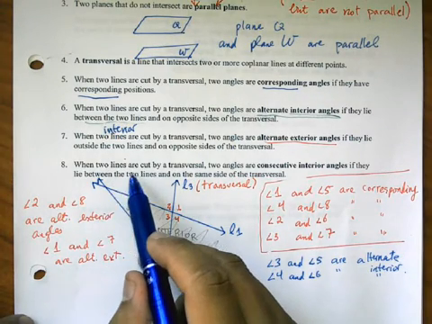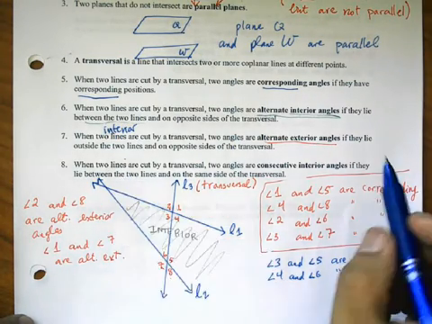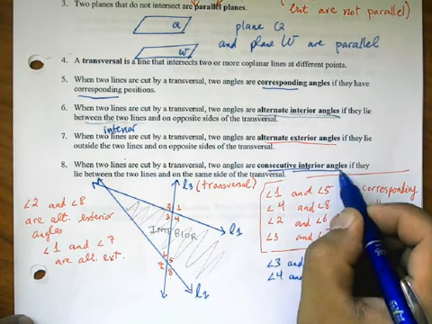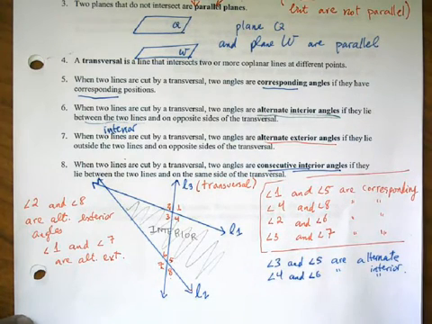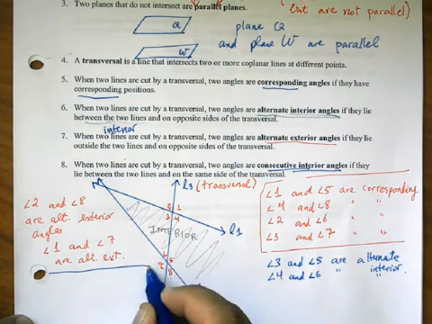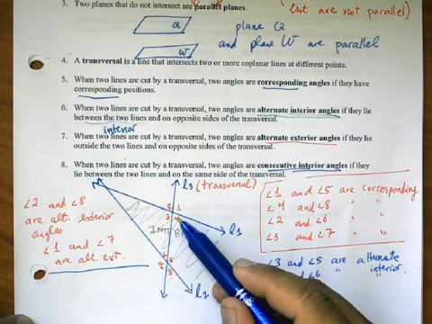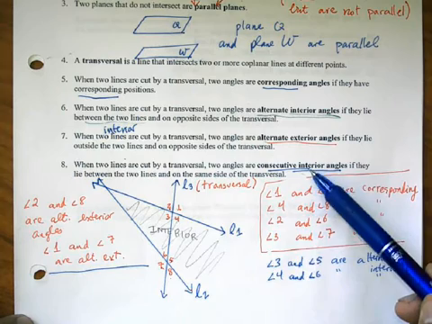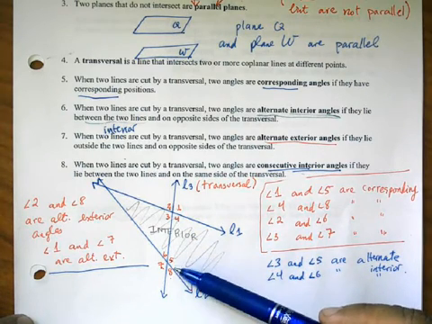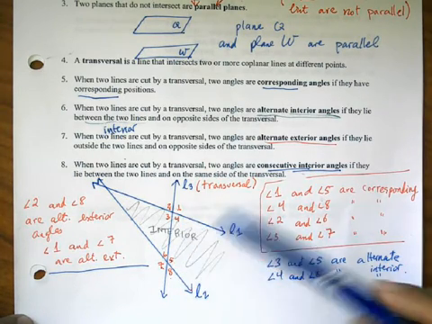And lastly, two lines are cut by a transversal. Two angles are consecutive interior angles if they lie between the two lines and on the same side of the transversal. So between the two lines, they have to be in the interior, and they have to be on the same side. So that's 4 and 5.